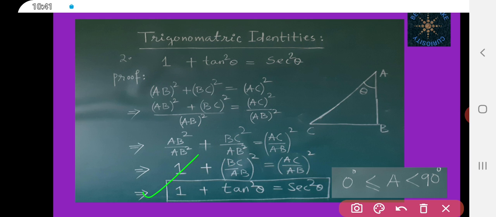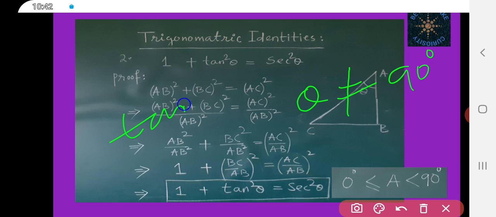So the equation is 1 plus tan square theta is equal to sec square theta for all values of A or theta lies between 0 and 90, and theta is equal to 0 degree. But theta should not be equal to 90 degree, because you know tan 90 degree is not defined.